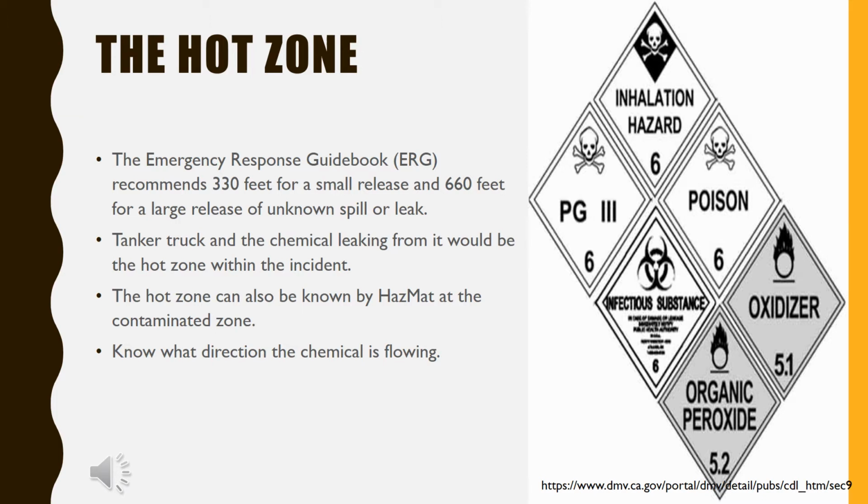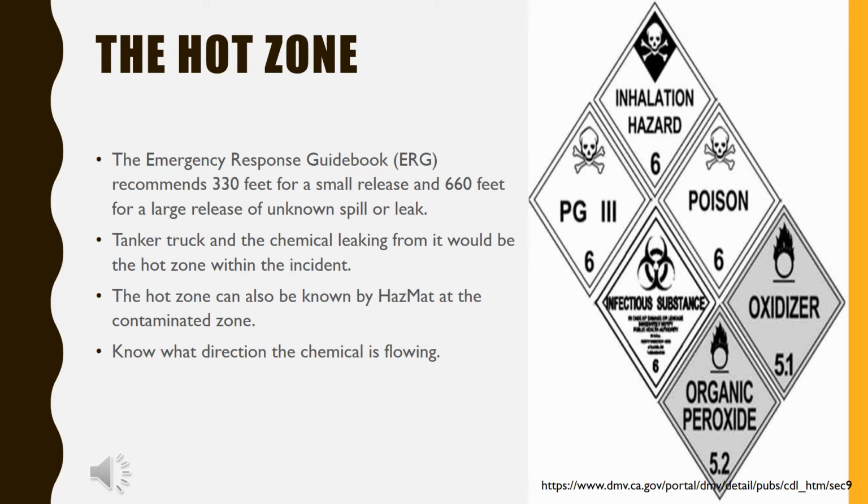Now, this liquid is draining or flowing down to this overturned vehicle. Within this line, we want to block off this liquid from going any further to the engine of the overturned vehicle, to prevent any further damage and any further extension out of all the zones. Now, the hot zone, hazmat thinks of it as also the contaminated zone.